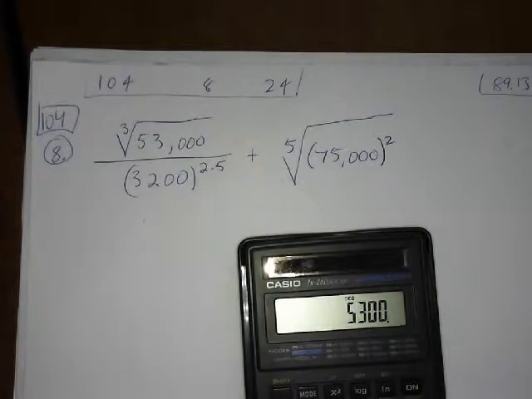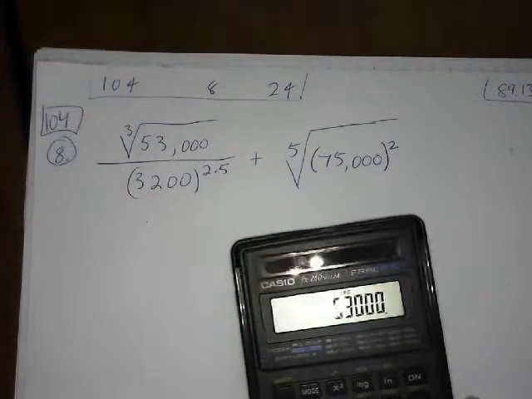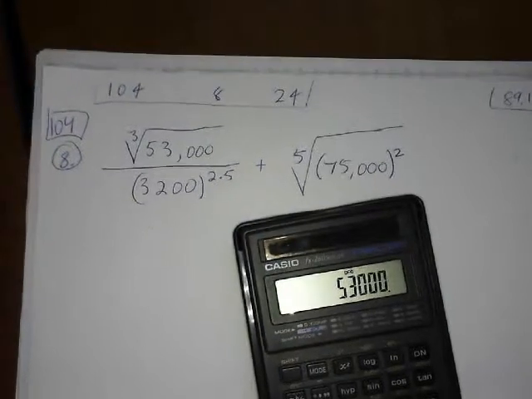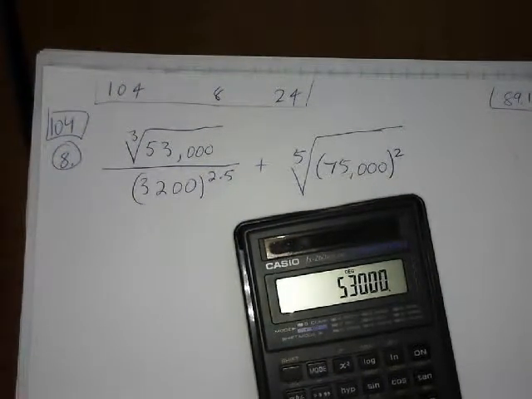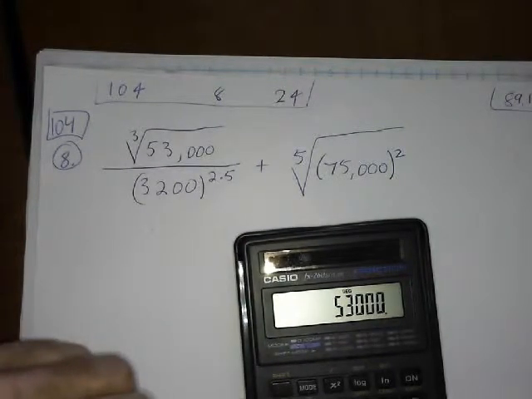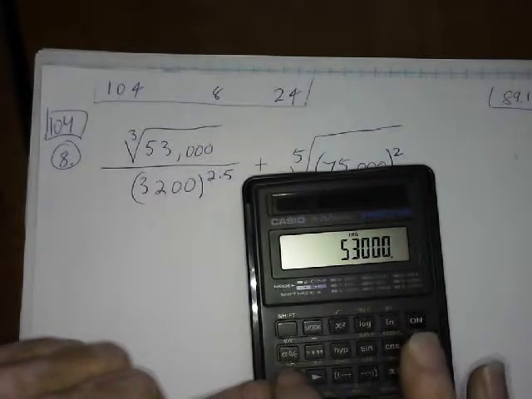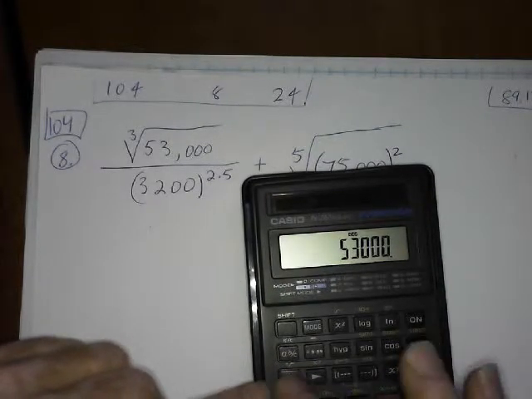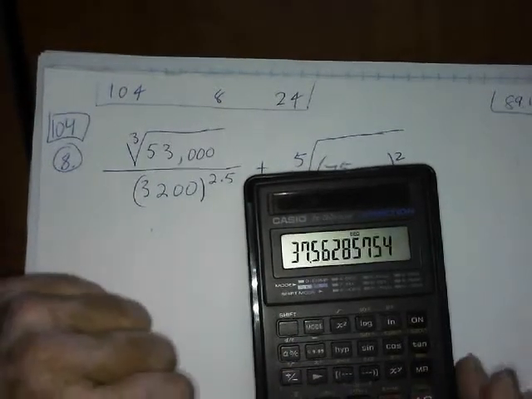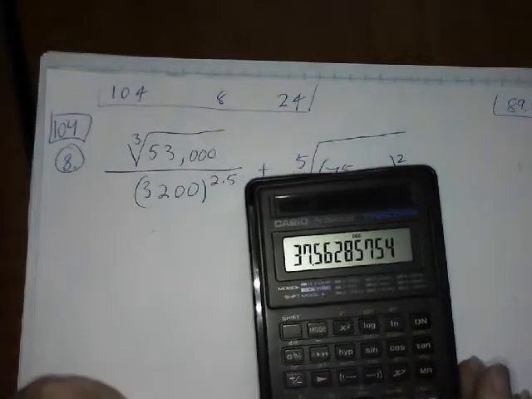On a calculator like this, it wants you to always type the number first and then type what operation you're supposed to do. So I want to go shift, and it says third root right there. So that's what I'm going to do. Shift, third root. Okay, so that's what the numerator is.